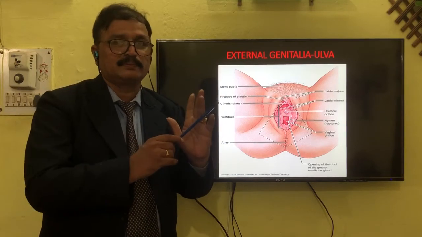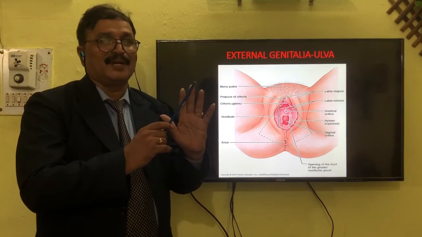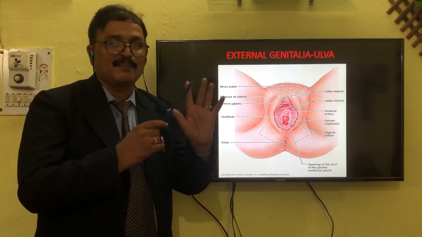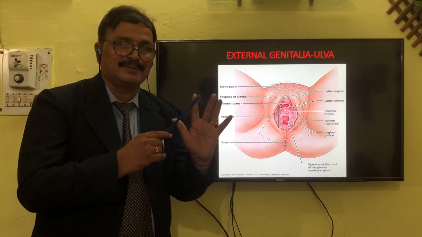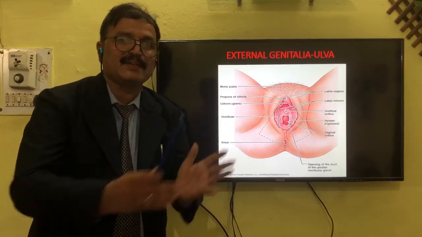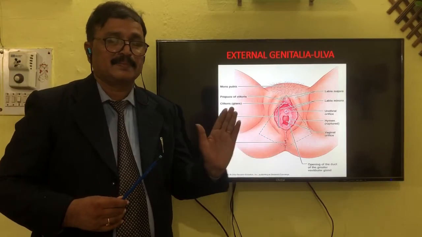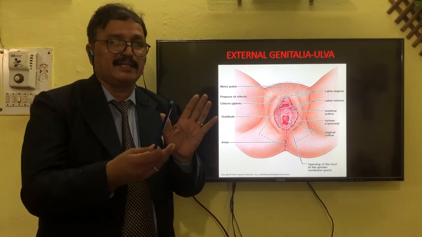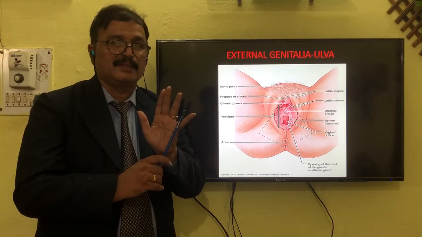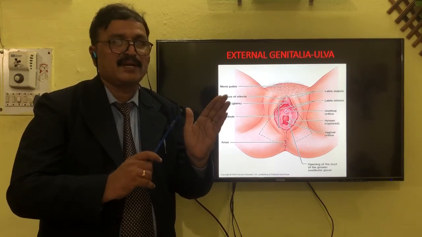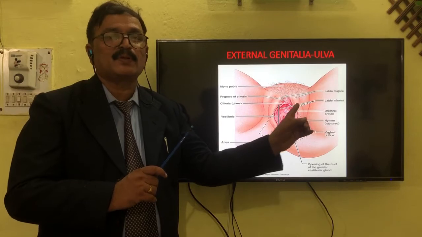They do transport of the ovum. Then fertilization, then development of the embryo, then delivery of the baby through the vagina. That's why it is called the birth canal. Okay. Then after delivery, feeding the baby. So totally 6 functions the female reproductive organs have to perform.